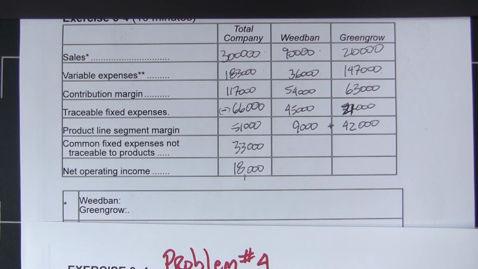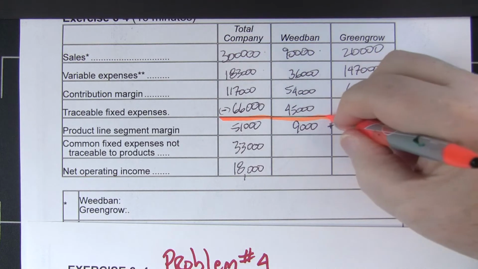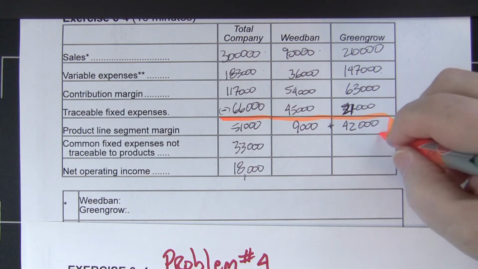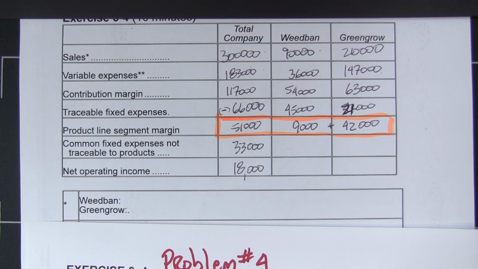Even though they have much higher variable expenses, that's by far the preferred product line, because if you look at just the segment margins, look right here at the segment margin for the company, and it's clear that Green Grow is keeping us out of the red.